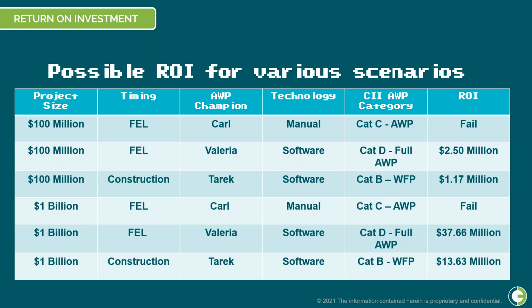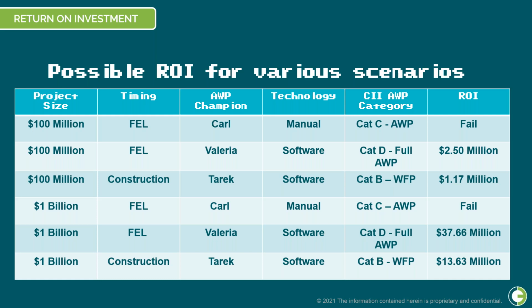For a $100 million project, we're showing a return on investment, which is the delta between your cost and your savings. So if your savings are $3 million and your cost is $500,000, your ROI is 2.5. So for $100 million, we're showing an ROI of 2.5 million.